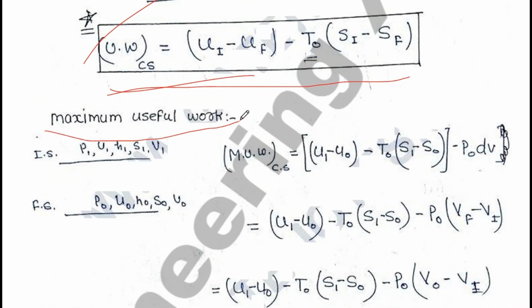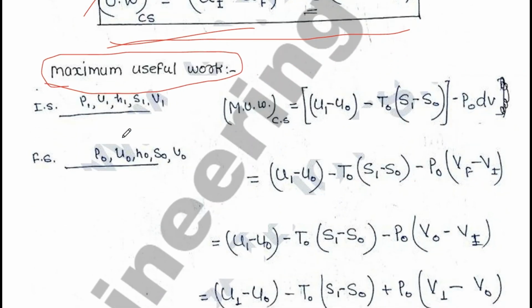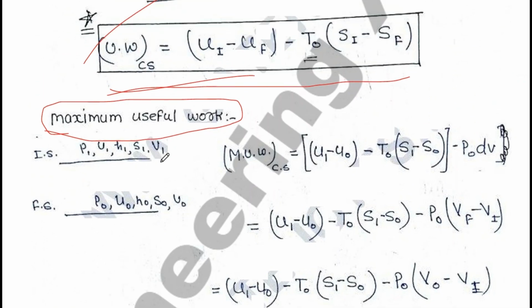Now there is another concept of maximum useful work. In case of maximum useful work, the pressure work is also considered because while expanding or compressing, some volume change is there, and the volume change exerts some work against the pressure outside, which is P naught. If we increase the volume, then there is some work on the outside system. So this work can also be utilized.